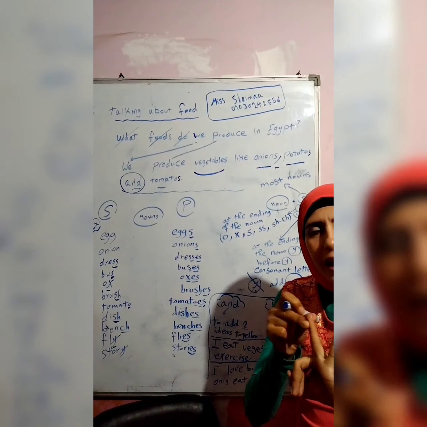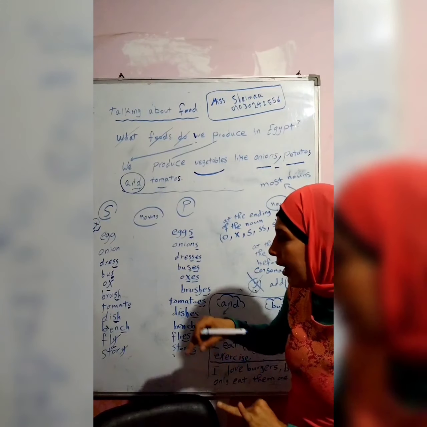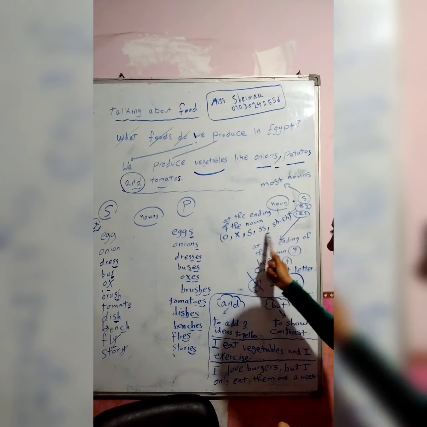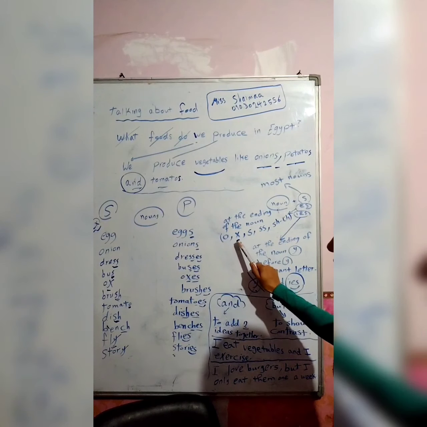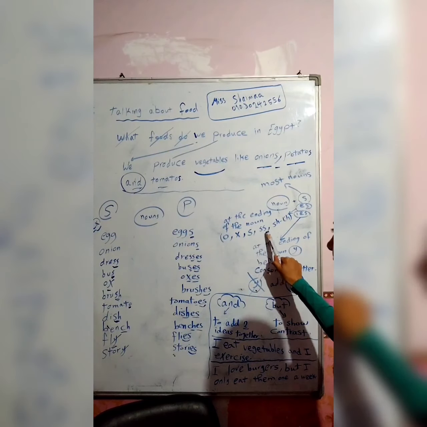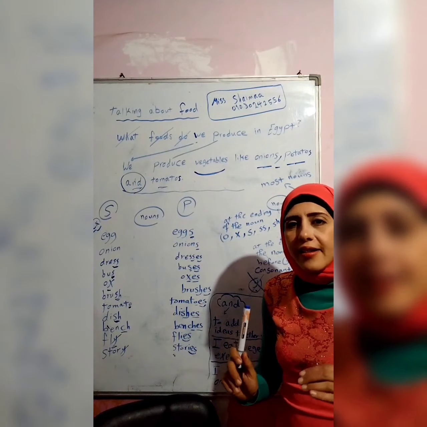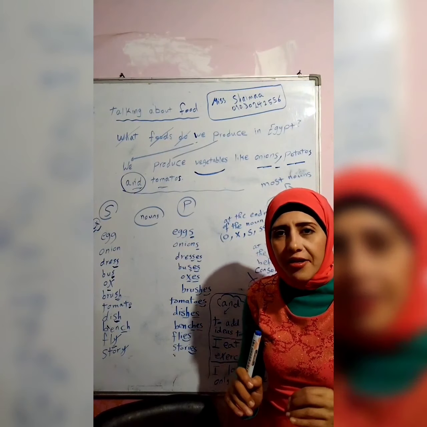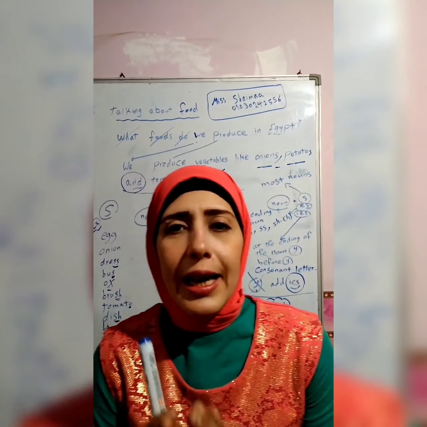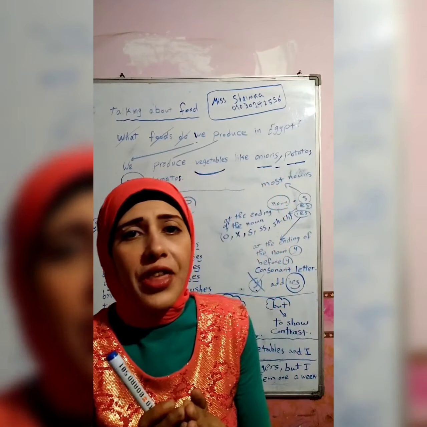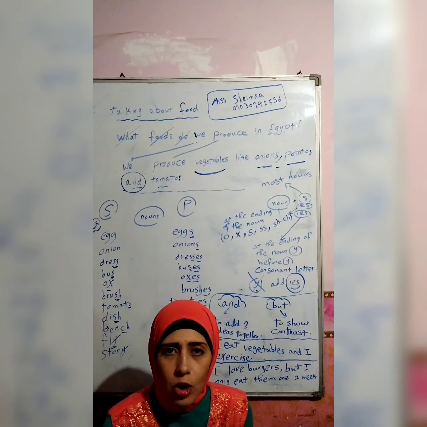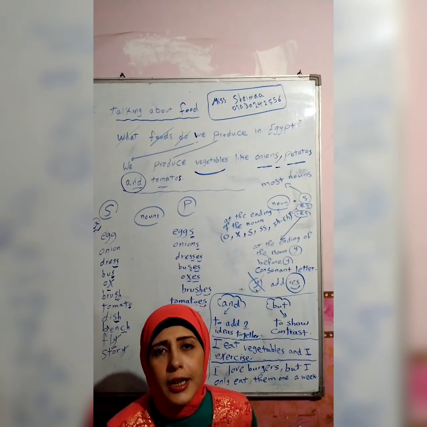The second, at the ending of the noun, a letter from these letters. Okay? Letter O, letter X, letter S, two letters S and H, two letters C and H, two letters S and S. Put ES at the ending of the noun to change the noun from singular noun to plural noun.